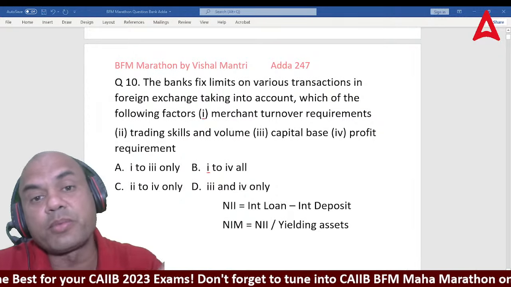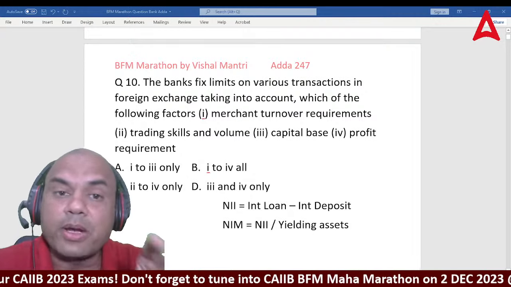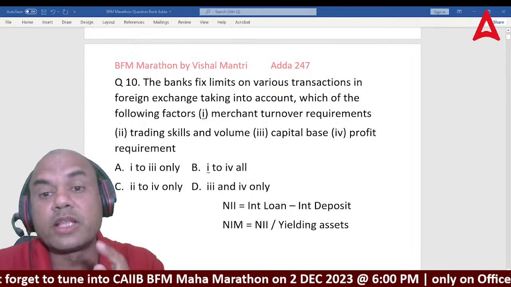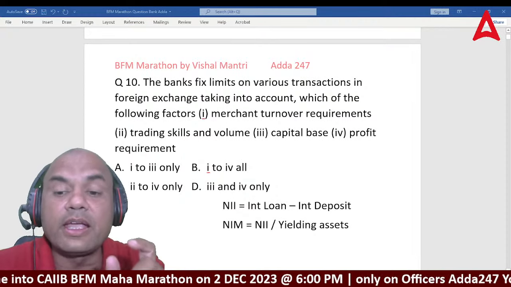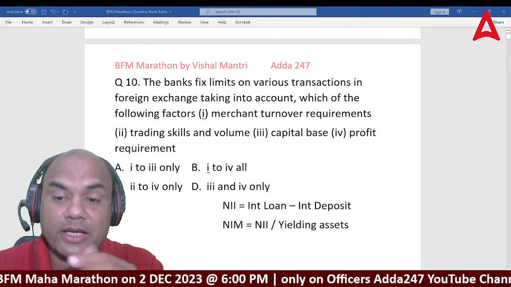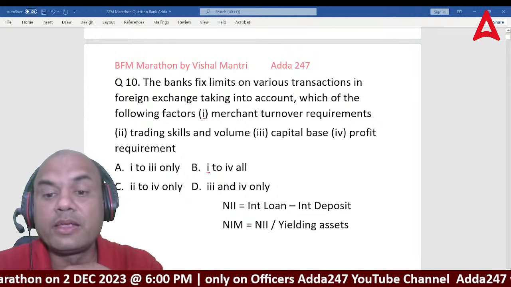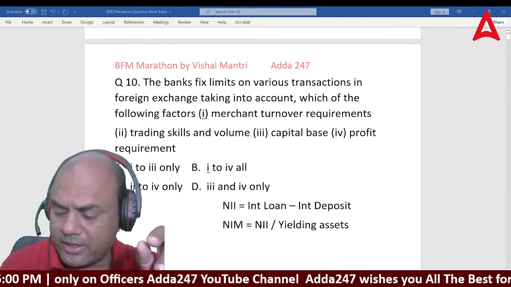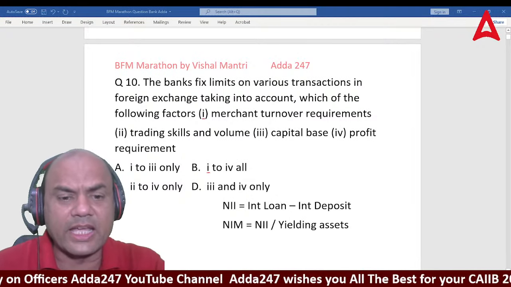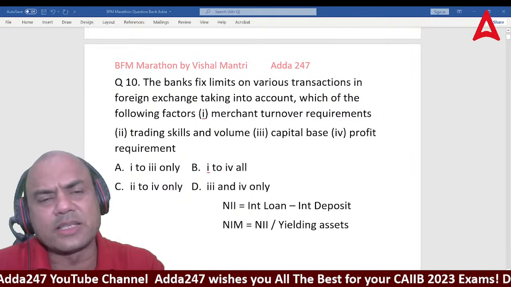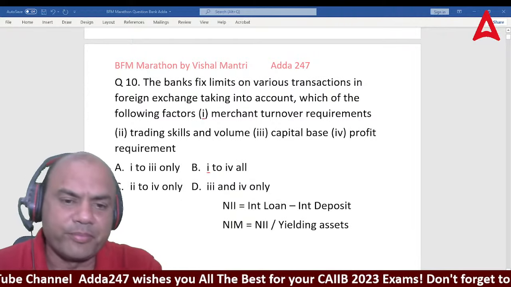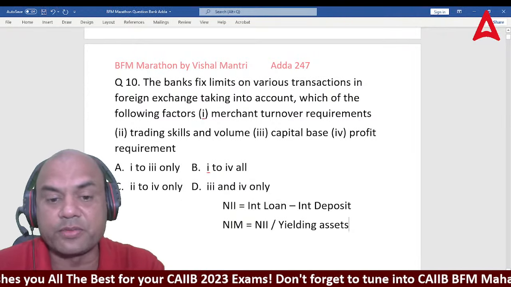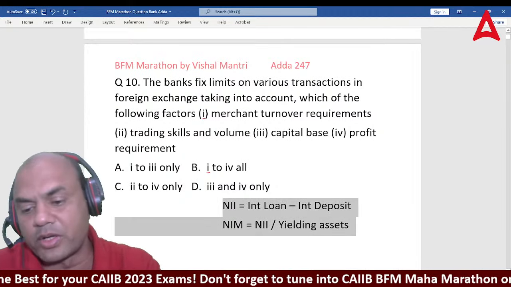Those assets which have become NPA will not be part of this NIM. That's why I've written the specific word yielding assets. Yielding is very important. This is the basic concept, and remember NIM and NII, you will definitely get some question on this in BFM, and you need to understand the basics of this. Chalo, move on.